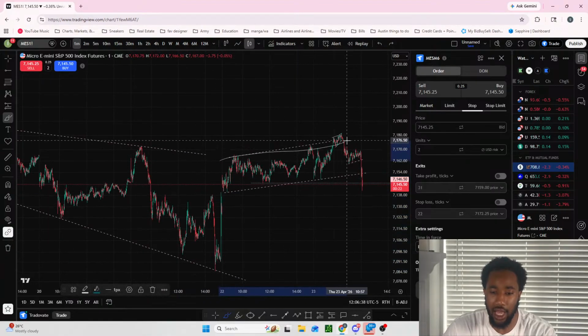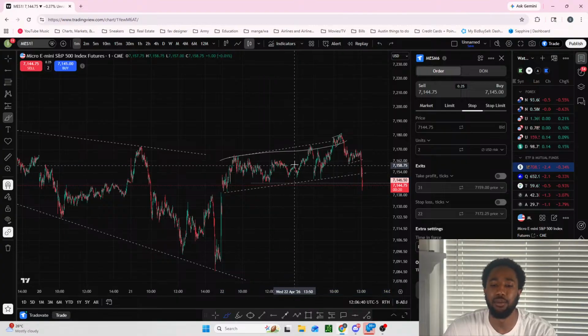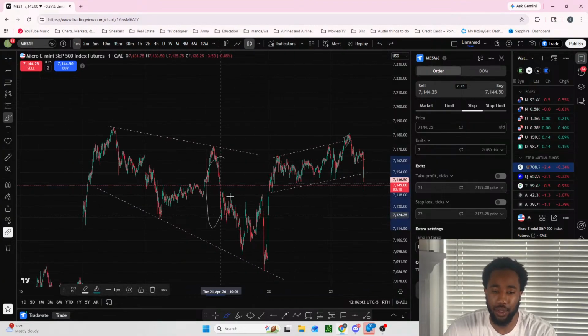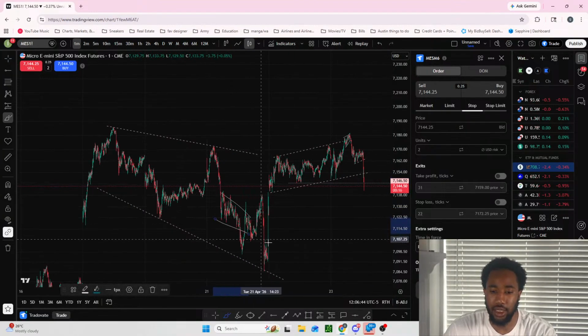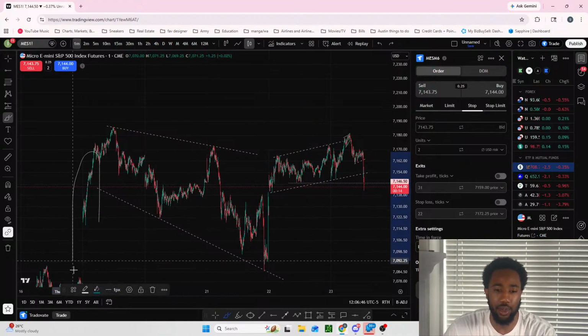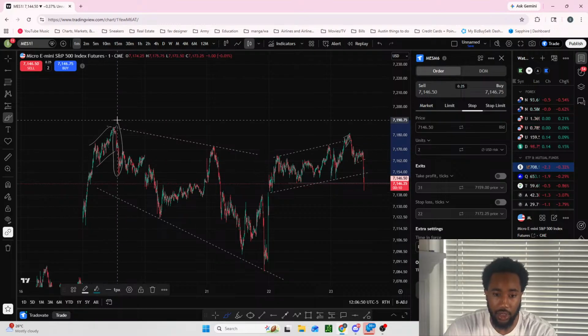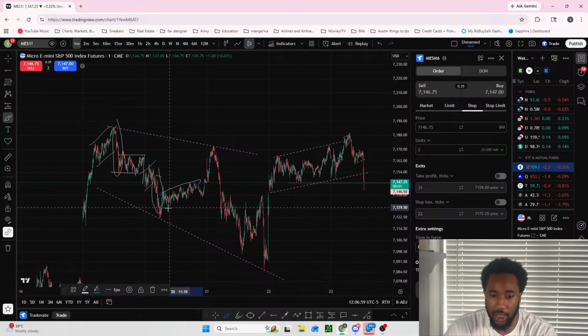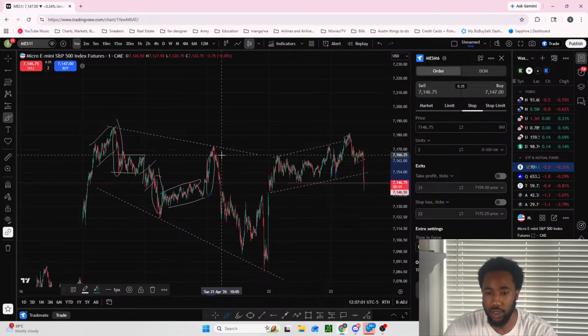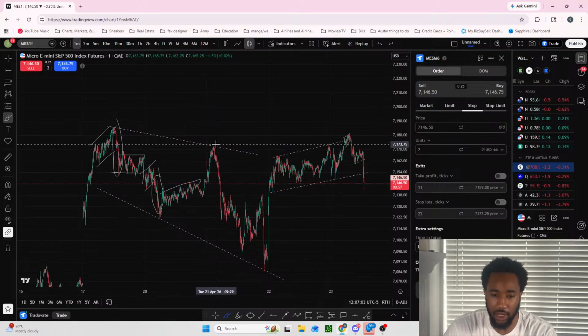That's how the money moves. Impulse, correction, impulse, correction, impulse, correction, impulse, correction, impulse, impulse. I'm sure there's a correction up there.